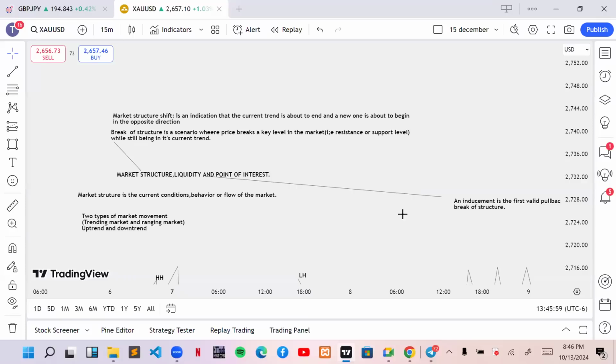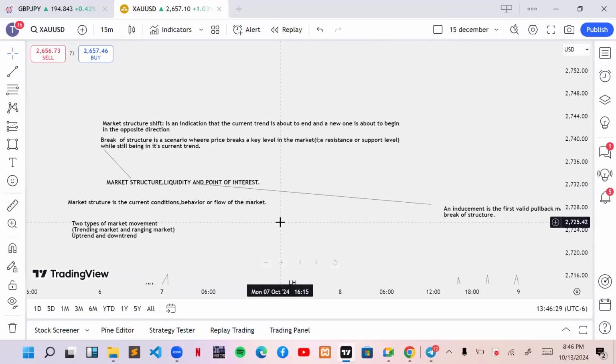Then you take a trade from your order block and price does not even get to your order block and it just starts buying, because price bought from another point of interest, the breaker block. So knowing when to use your order block and when to use your breaker block is very important. That's why there are rules implemented before giving a point of interest. There are 4 rules that have been implemented before giving a point of interest. First of all, let's talk about the order block for this particular class.